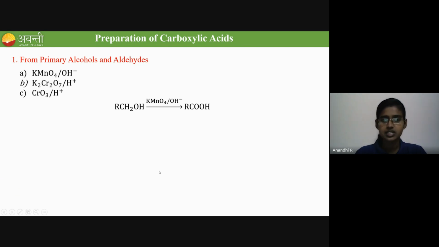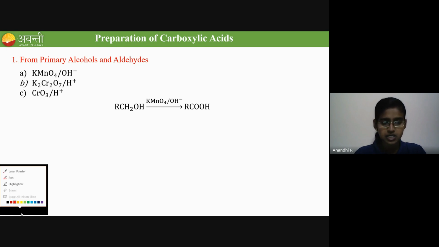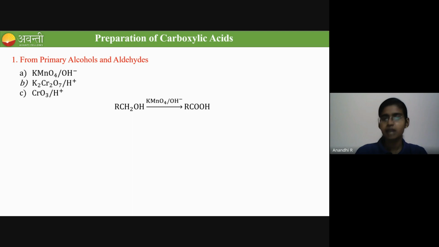Here you can see that the number of carbon atoms remains the same in the reactant as well as in the product. Suppose R is CH3, then we have ethanol as the reactant, and ethanol on oxidation with KMnO4 gives ethanoic acid. The carbon number remains the same in both reactant and product.